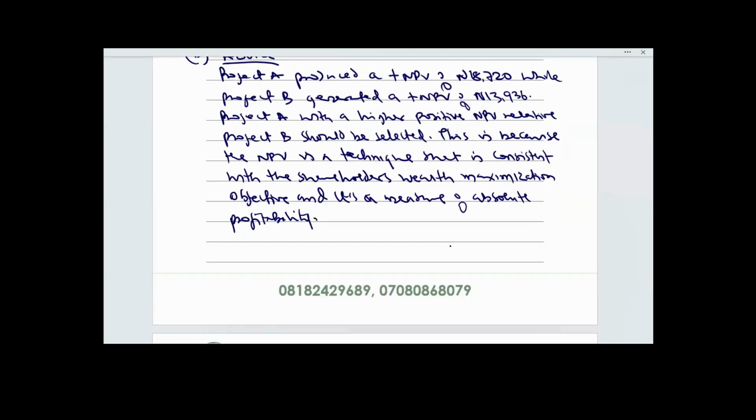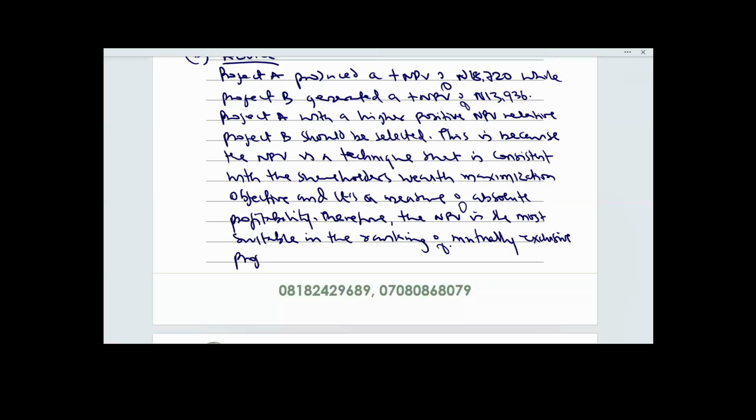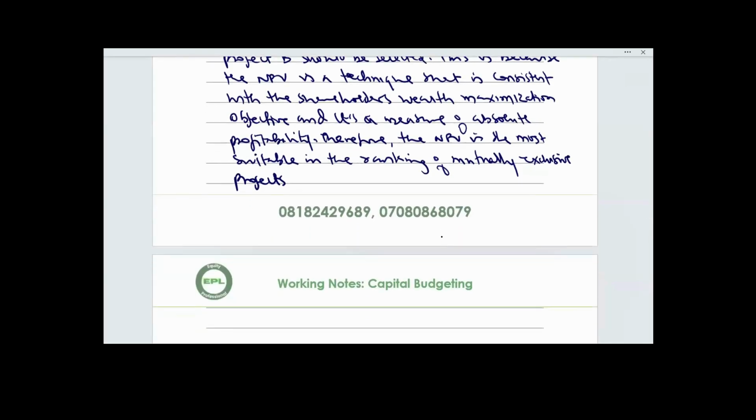Therefore, the net present value is the most appropriate, the most suitable, in the ranking of mutually exclusive projects.